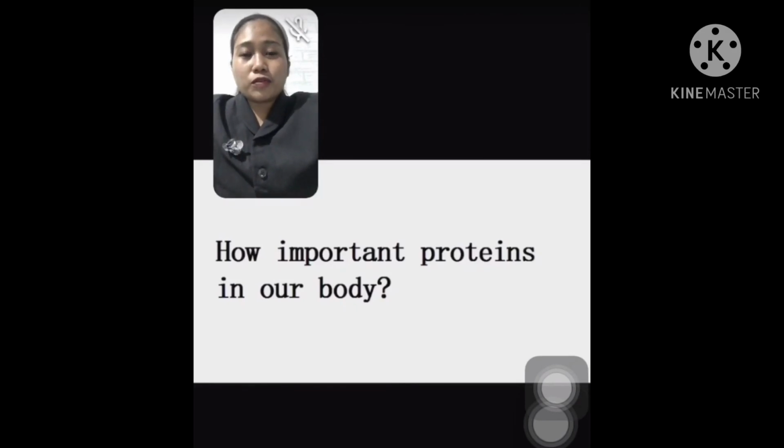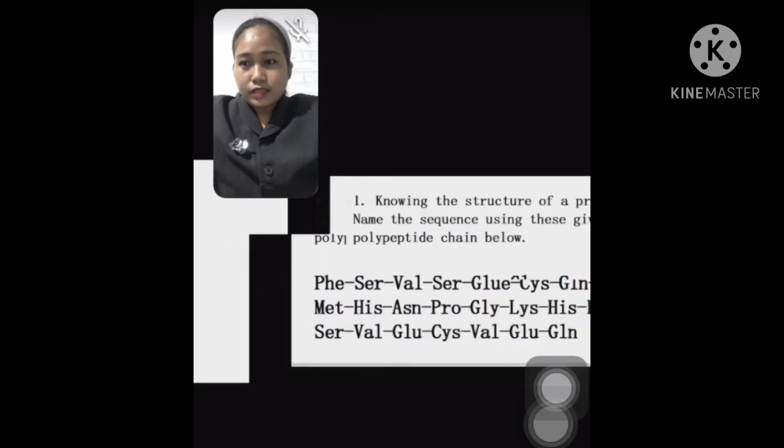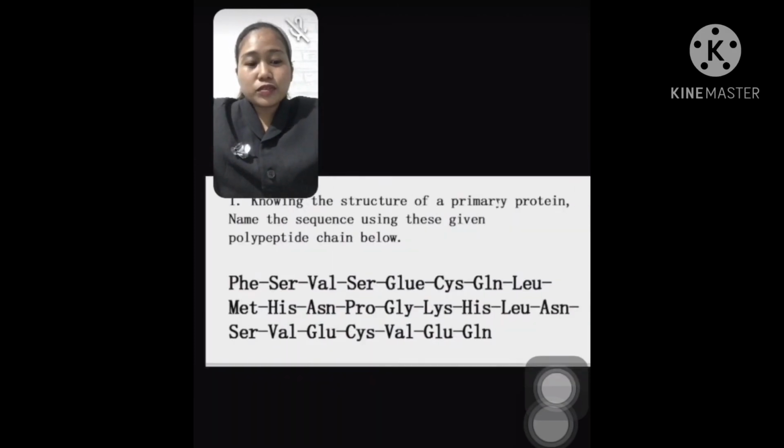So for now, I want you to group yourself into 2 groups again, and we're going to answer this question. Knowing the structure of a primary protein, name the sequence using this given polypeptide chain below.